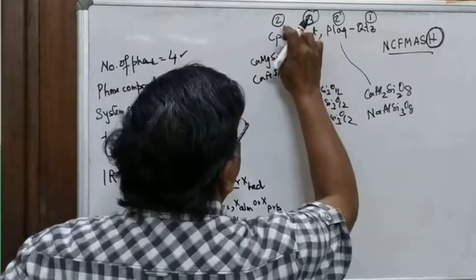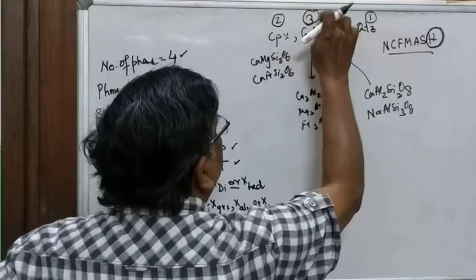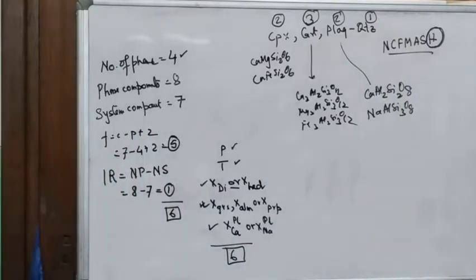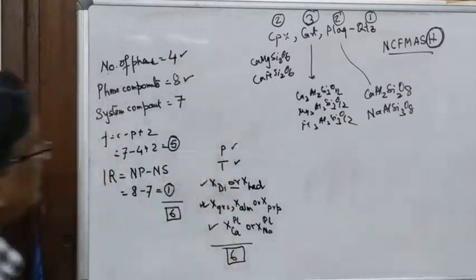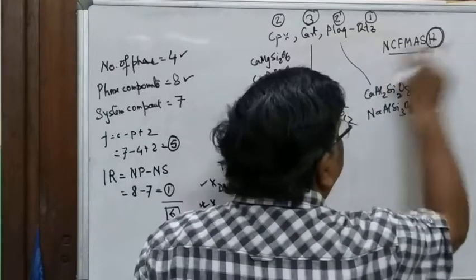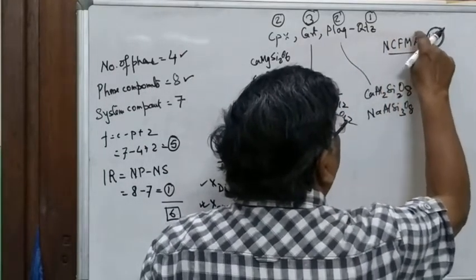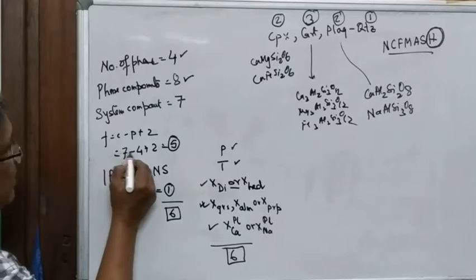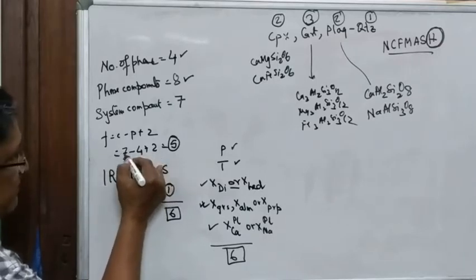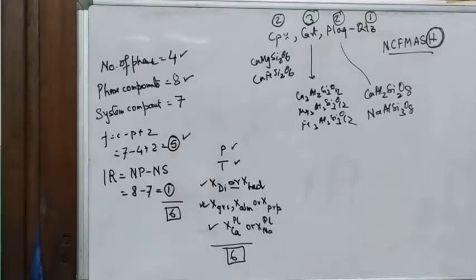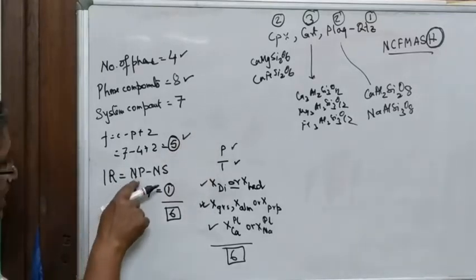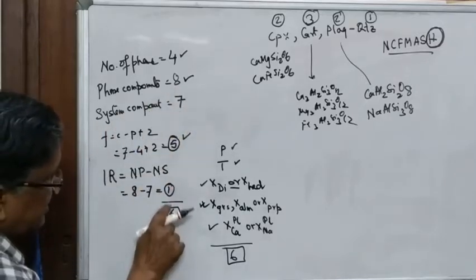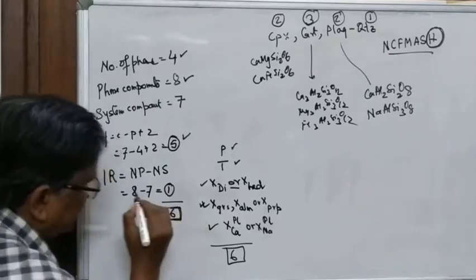Number of phase components, oh, here is a mistake: 3 plus 2, 5, plus 2, 7, plus 1, so the phase components are 8. System components, as you have given with H, 1, 2, 3, 4, 5, 6, 7. Degree of freedom, 7 minus 4 plus 2, so 7 plus 2, 9, minus 4, degree of freedom 5. Independent reactions: number of phase components, 8, minus system components, 7, is equal to 1. Total is equal to 6.